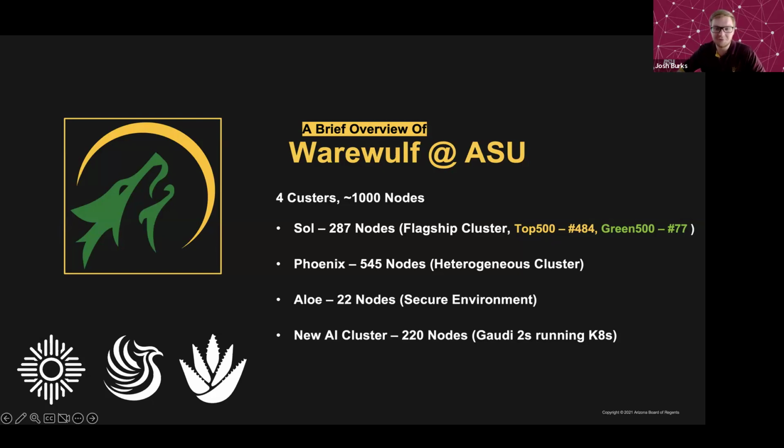Phoenix is our legacy heterogeneous cluster made up of a lot of older Intel Broadwell CPUs, lots of faculty purchase condo nodes over there. Allo is our secure environment. That's the HIPAA aligned secure enclave. That's outside of the scope for today's talk. But we are now building a new AI cluster with 220 Gaudi 2 accelerators.